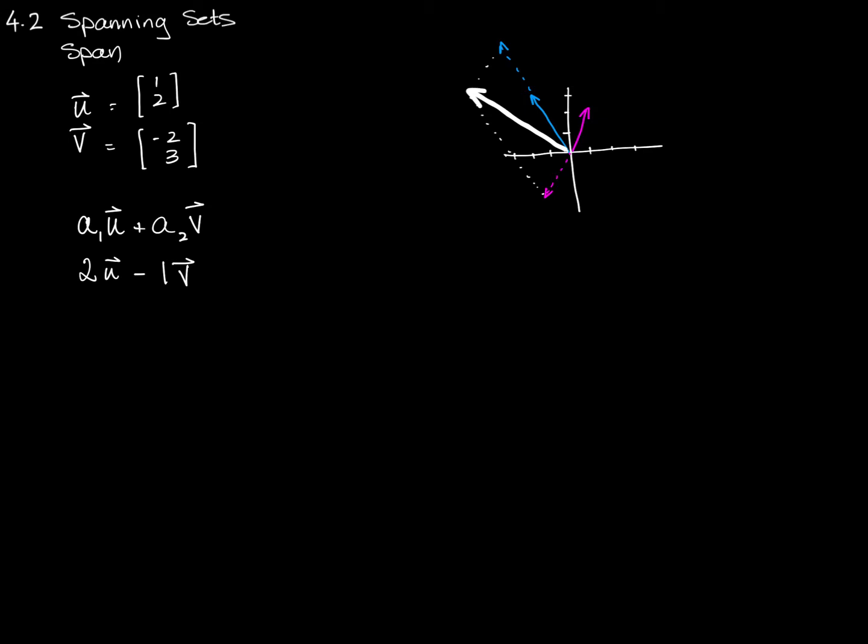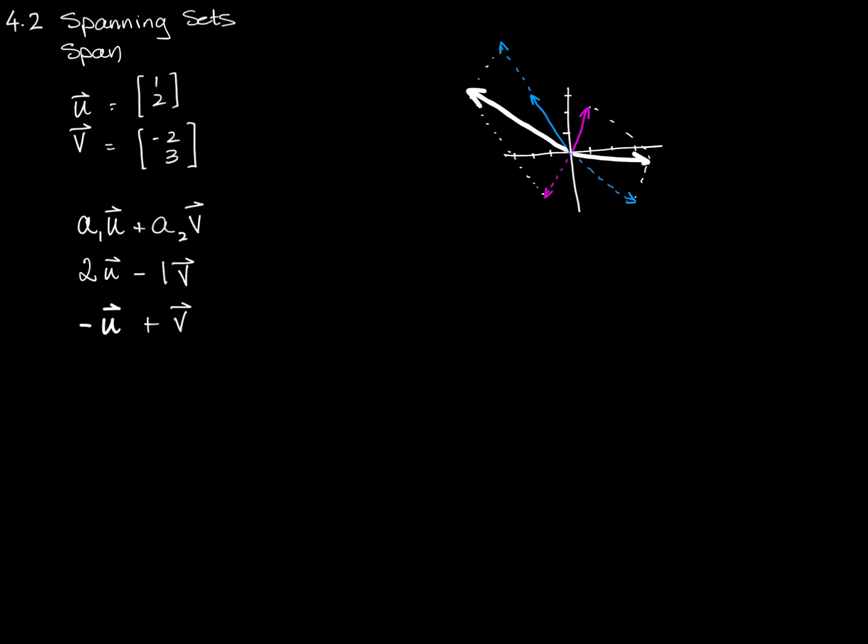But what if I said negative u plus v? Well, that's going to look like this. And my resulting parallelogram looks something like this.